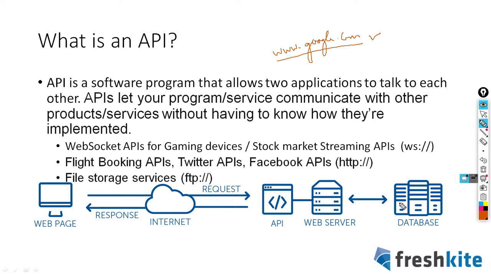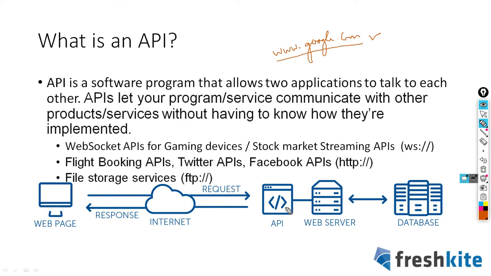Suppose you take a stock market, and you want to get the stock price of a particular stock. The stock market web server will expose an API, and to the API you pass the stock name. That API, that function, will query the database, get the corresponding stock price and return it to you.